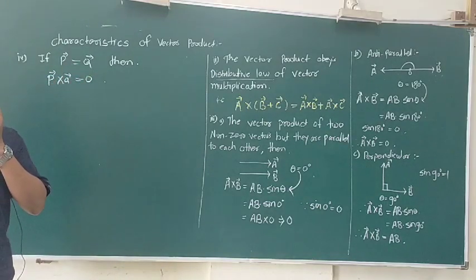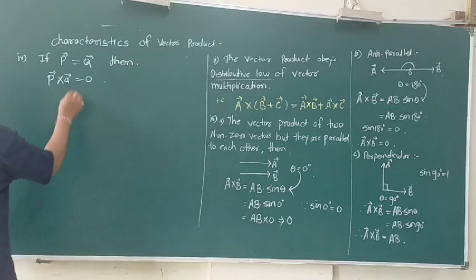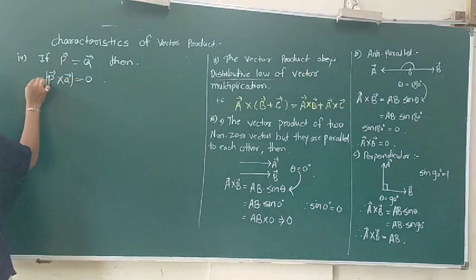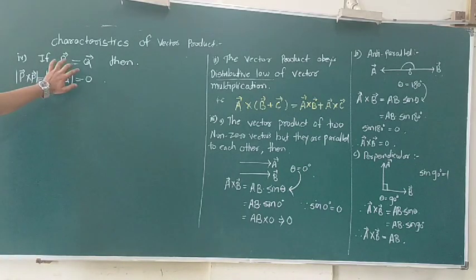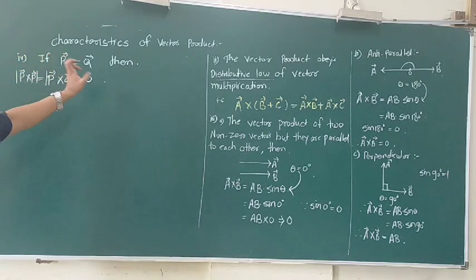That is, the mod of P bar cross P bar is equal to 0. See here, if we take the cross product of a vector with itself, then the magnitude of P bar cross P bar is equal to 0.